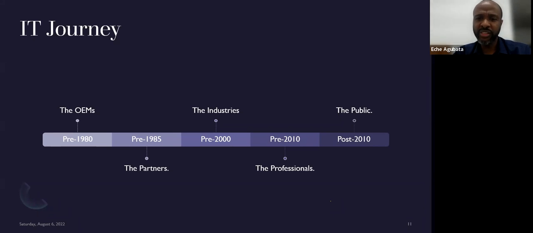So after the industries came in with their demand, the professionals came in to see how they could also create their identity within the space. Post that period was when we had the rise of the likes of Facebook, Google, and Co, and their rise really brought the public into the space.